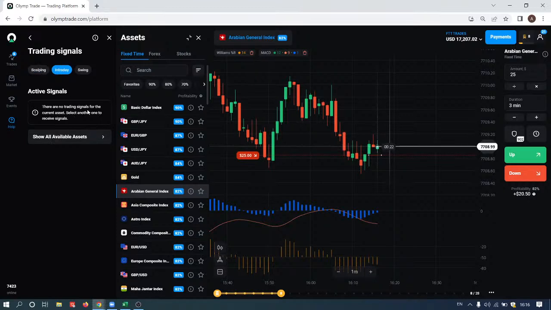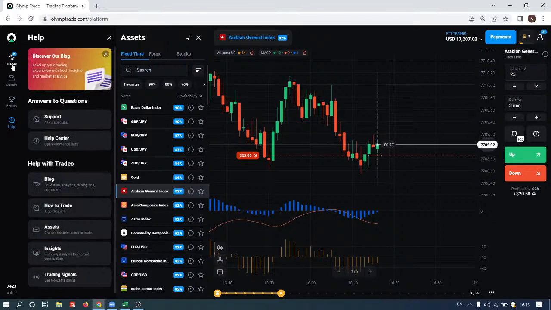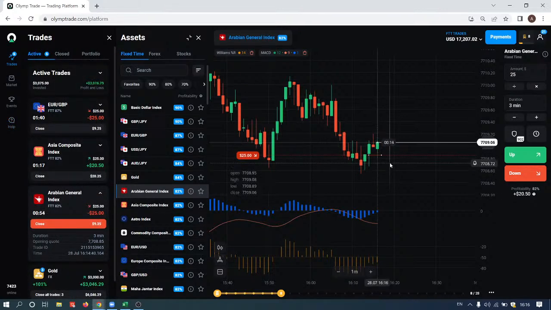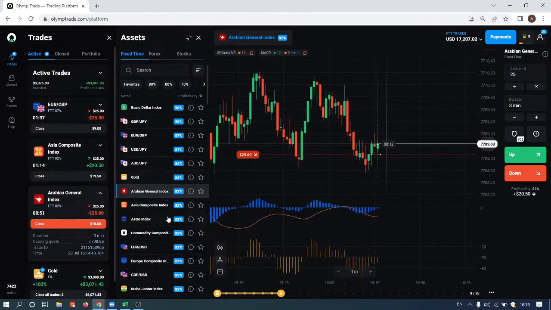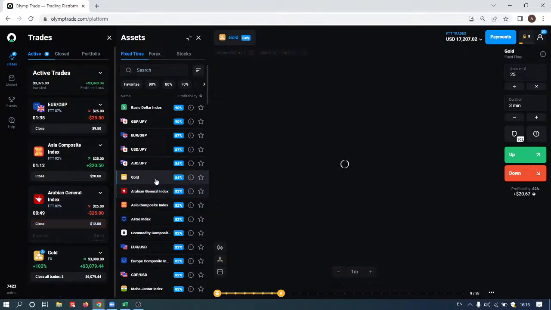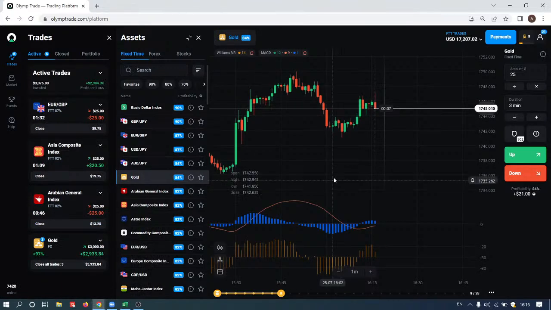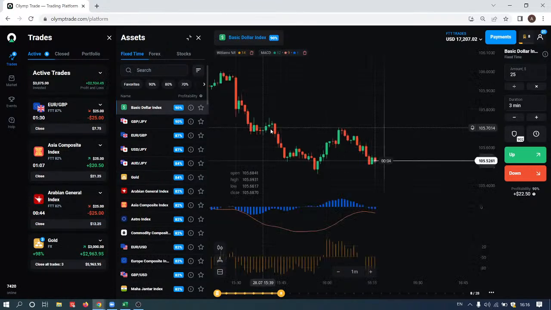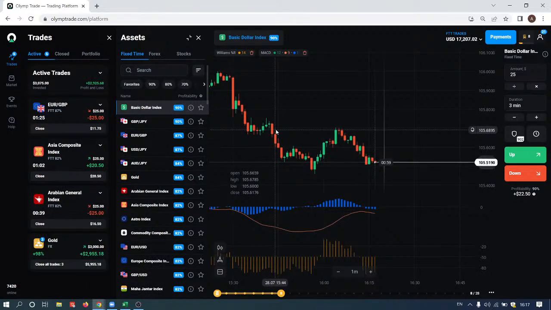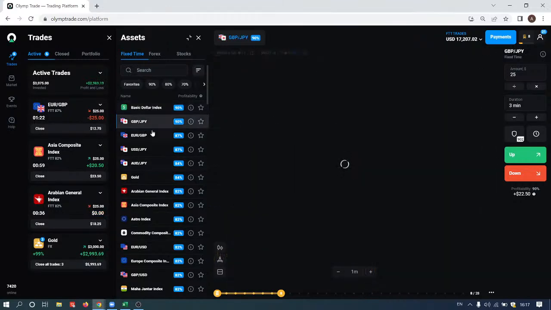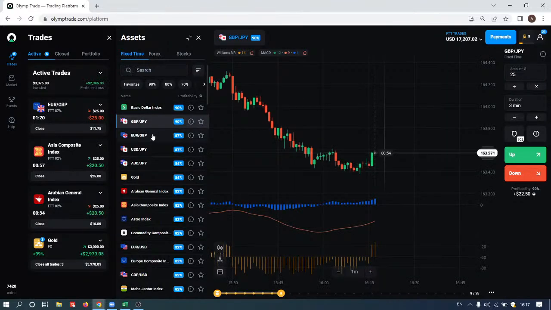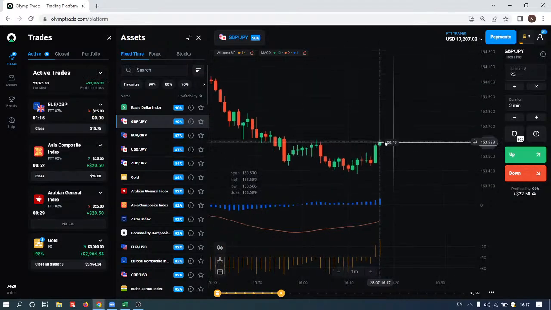There are no trading signals for this asset, but there are trading signals for other assets, and you can easily get them, and you can test them yourselves. I did it many times. What I can tell you is that 5-minute signals and 15-minute signals work so much better than 1-minute signals. Basically, 1-minute signals are like tossing a coin. You don't really get any real statistical advantage.